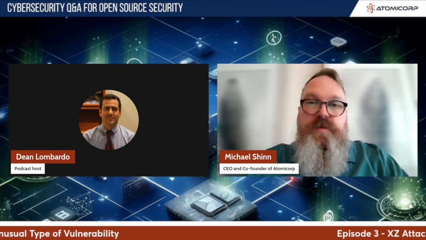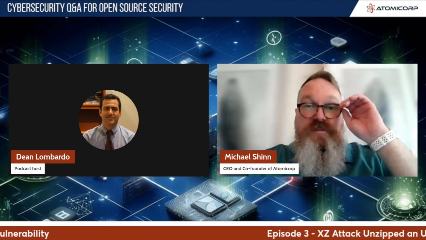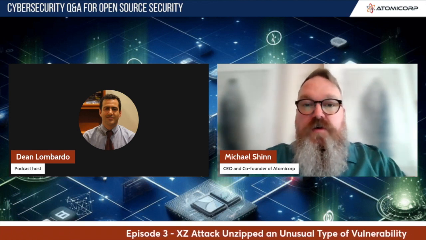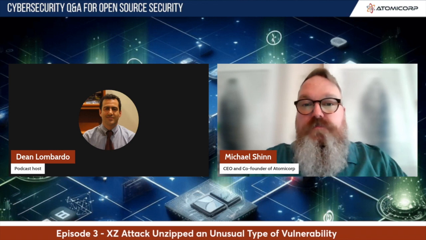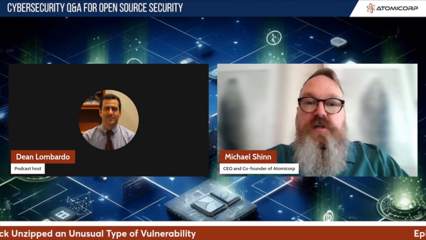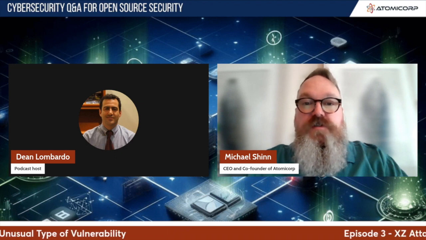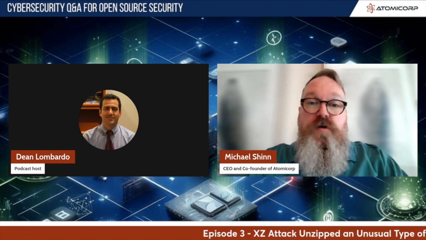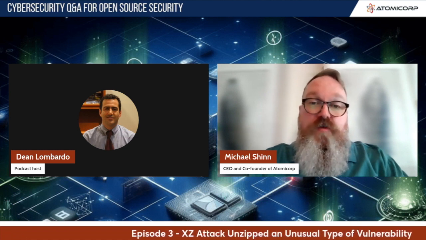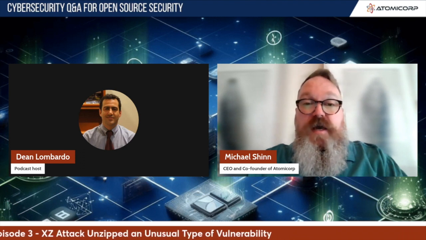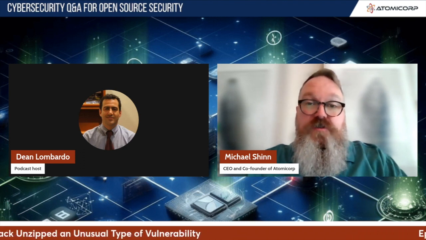And what's interesting about this one is this psychological attack wasn't blackmailing somebody or threatening harm to them or trying to give them money. It was a sustained psychological operation to get this person essentially to turn over or to allow a third party to join this project and to be able to add code.